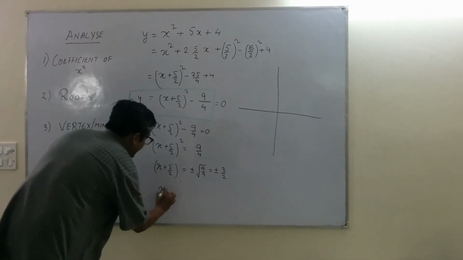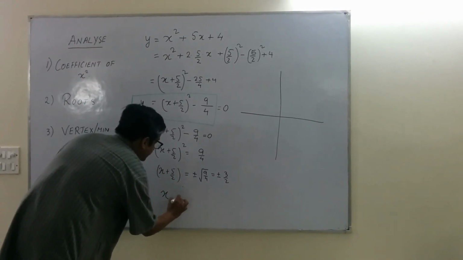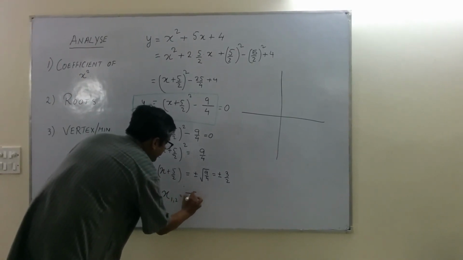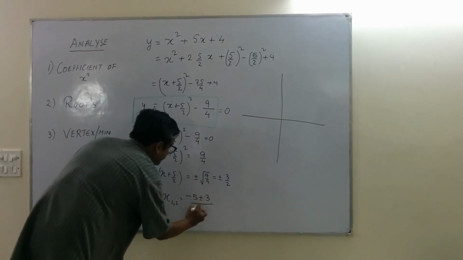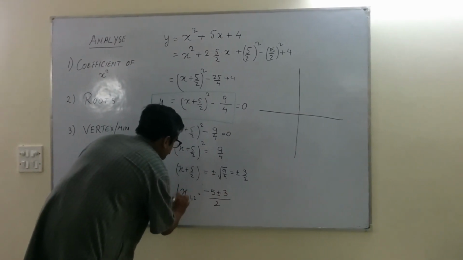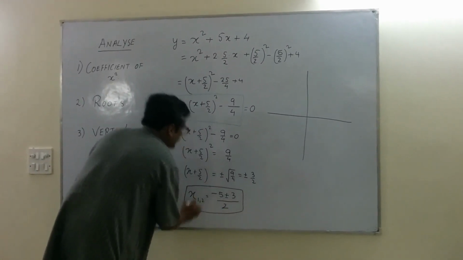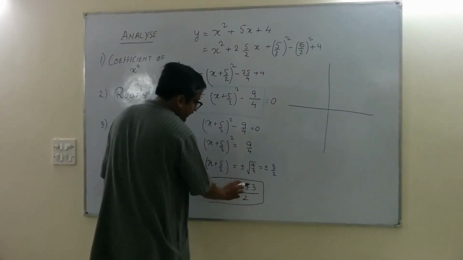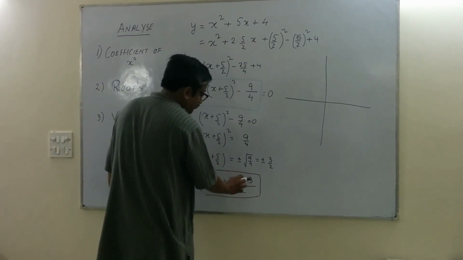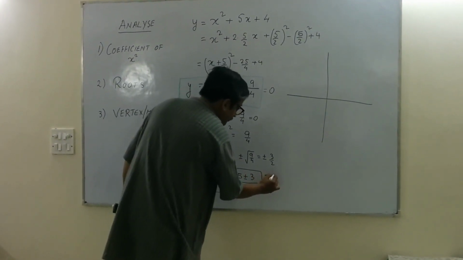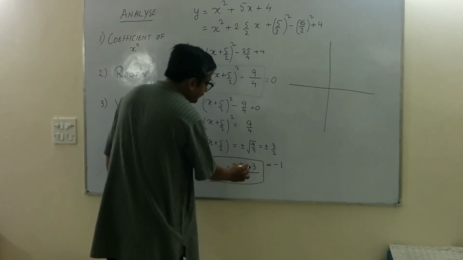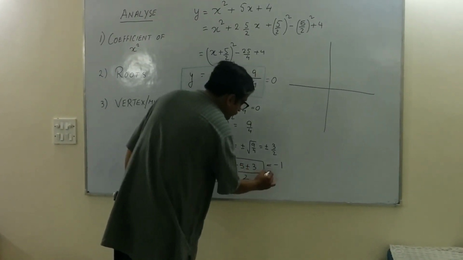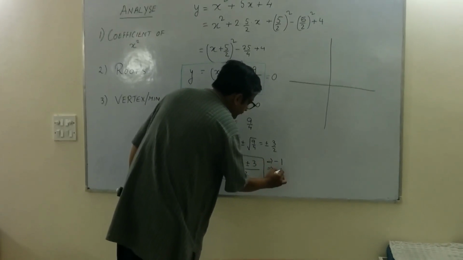and this gives us the two zeros, x equals minus 5 plus or minus 3 by 2, which is basically minus 5 plus 3, which is minus 2 by 2, minus 1, and minus 5 minus 3, minus 8 by 2, minus 4.